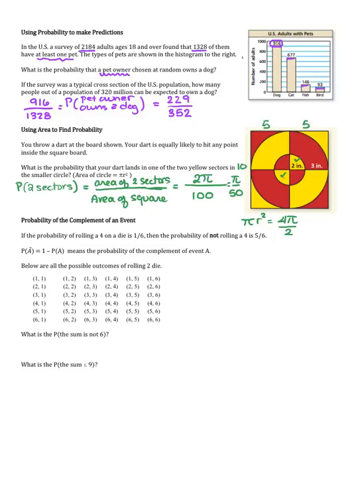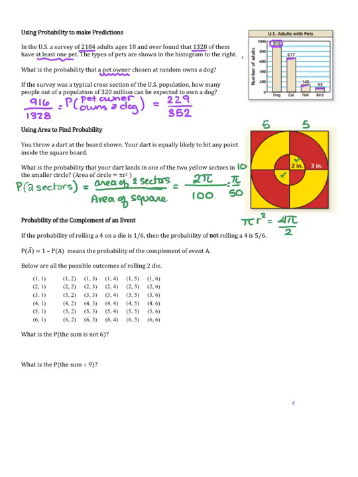Okay, so probability is basically, what are you looking for? What's the possibility of that event over the total possible outcomes? Now, sometimes it's actually easier to find the probability of something not happening, especially when it is a much bigger number than what would happen.